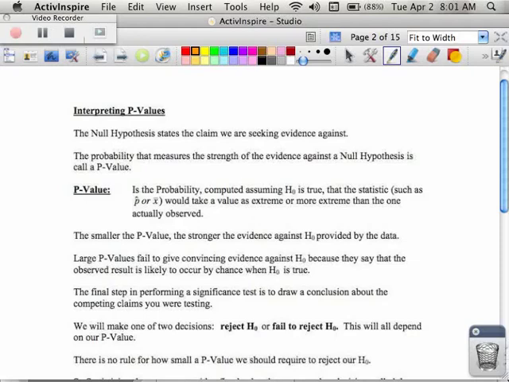The null hypothesis states that we are seeking evidence against the status quo. The p-value is a probability measuring your strength of evidence. It is the probability that the statistic, like your sample p or your sample mean x bar, would take a value as extreme or more extreme than the one you actually observe.